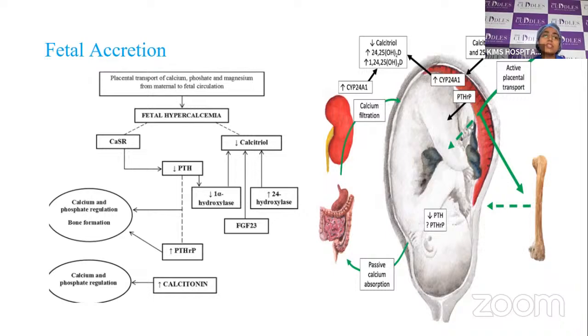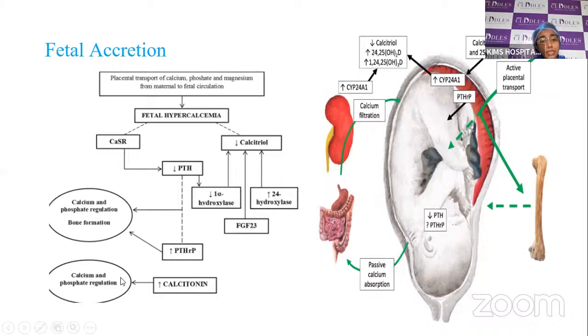It has an inverse relationship with phosphorus. That is, parathyroid hormone causes loss of phosphate by the kidneys. So decreased parathyroid hormone levels cause reabsorption of phosphate, and calcium and phosphate deposition in the bone. So indirectly, decreased PTH helps in bone formation.